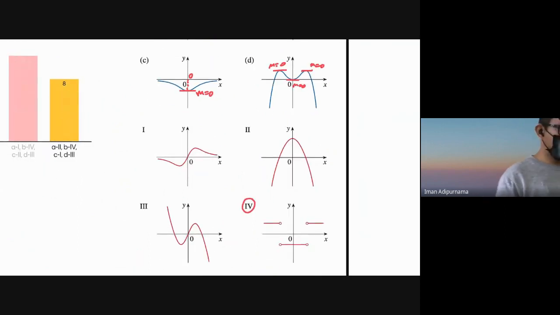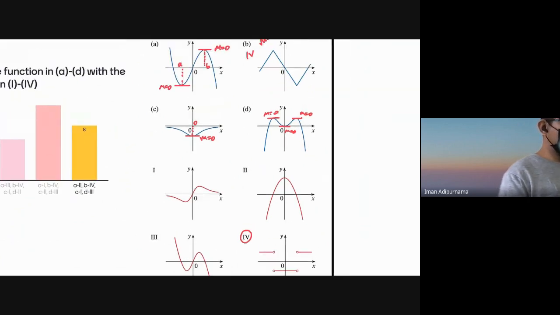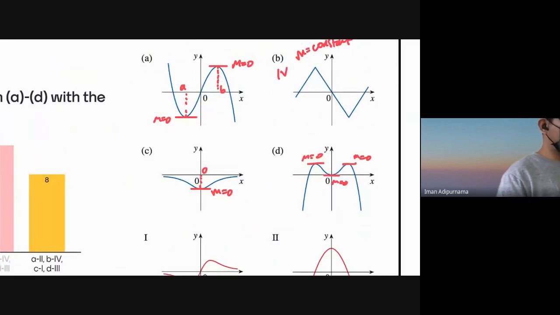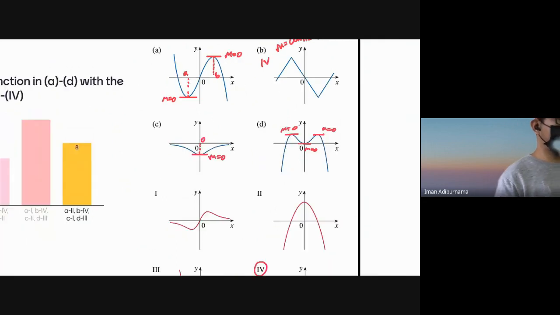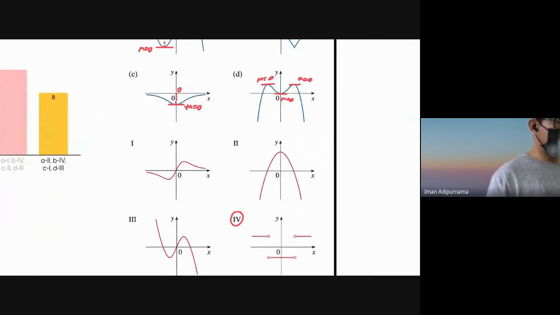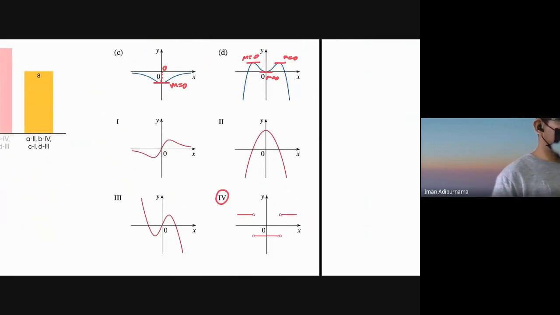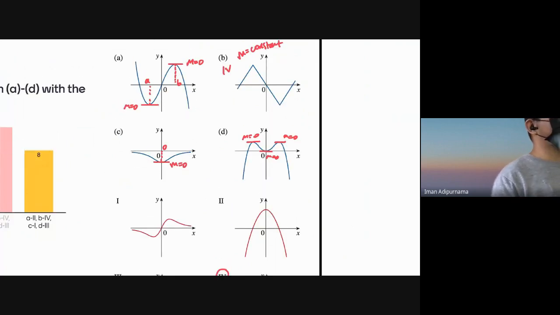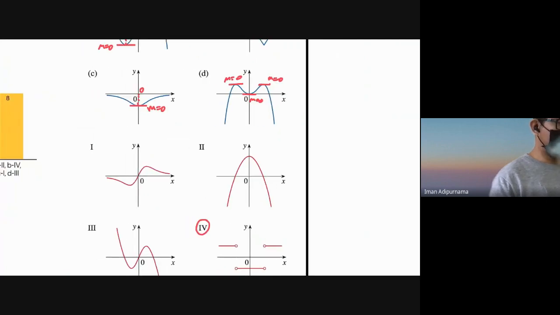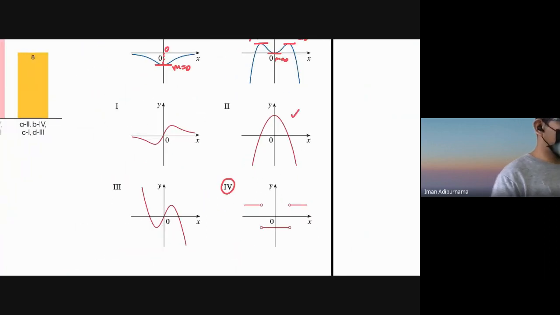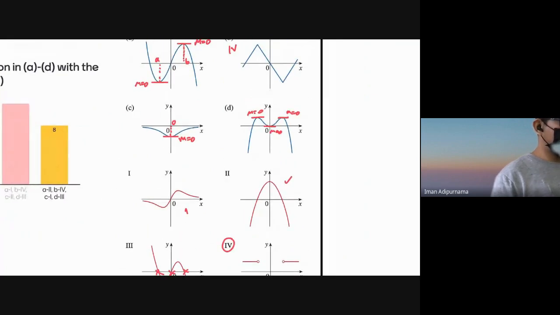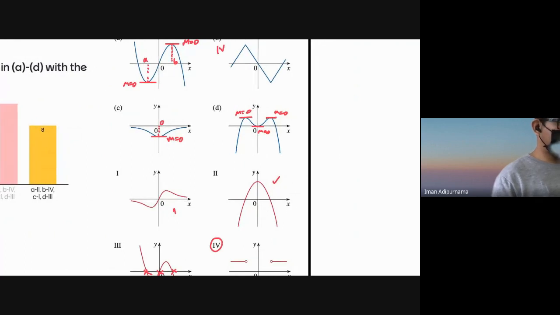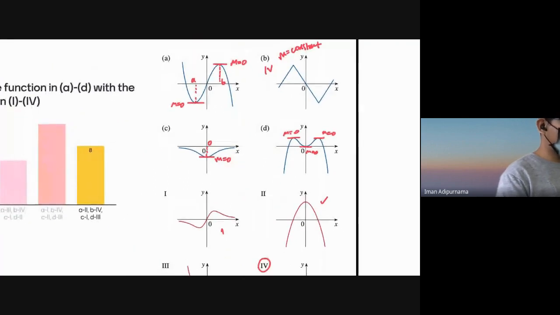For example, for A, say for gradient 0, the only one that has precisely 2, 0 is just this one, right? The other one is only 1. This is 3. 1, 2, 3, right? So probably that is our answer.